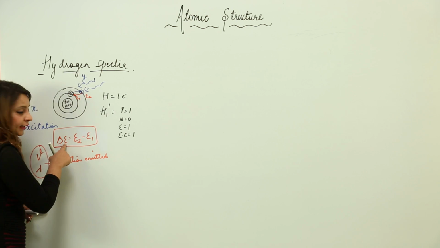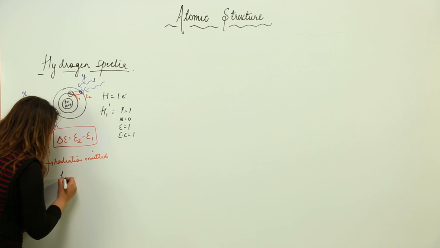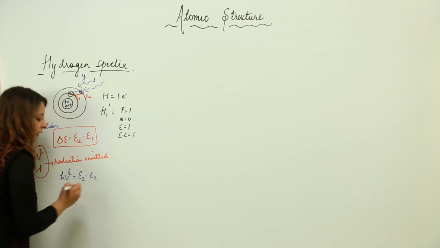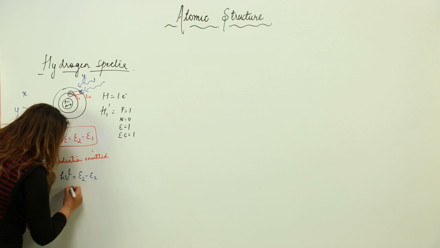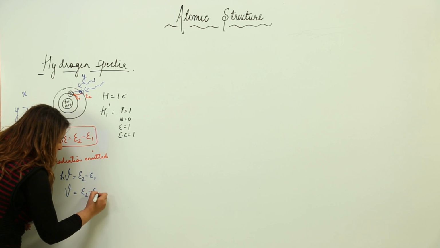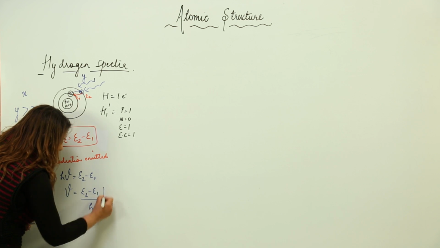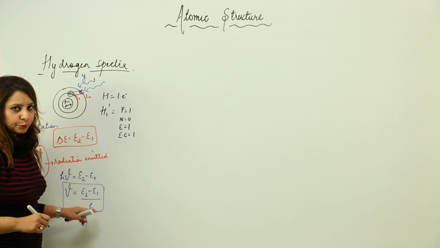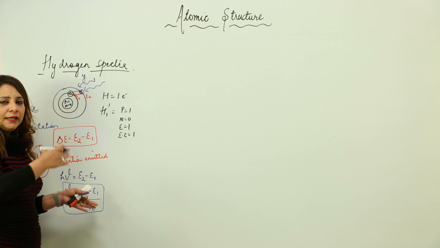If I put the value of delta E by Planck's quantum theory as h nu, this becomes E2 minus E1. If I need to know the frequency, this is my relation: nu equals E2 minus E1 upon h. So this is how we calculate the frequency of the radiation emitted when an electron jumps back to its original shell.